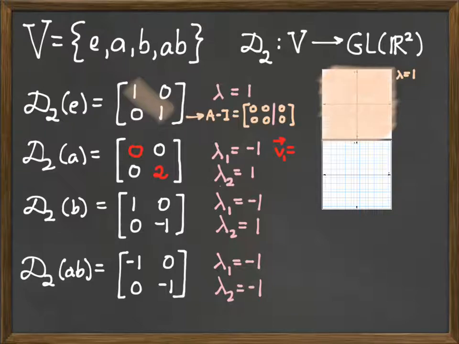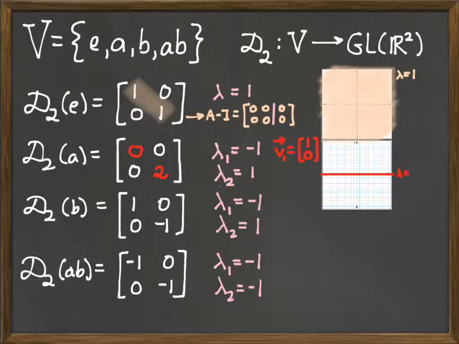And so our free variable is x, and y is bound to equal 0. So our lambda equals -1 eigenspace is the x-axis. Every vector on the x-axis is being flipped, reflected.